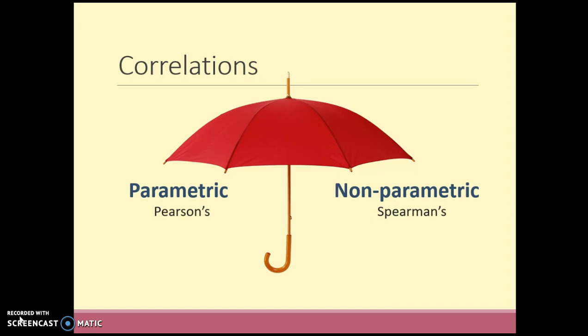One was parametric, called the Pearson's correlation, and we could use this test if we found that our data were normally distributed. The other, the non-parametric test, was called the Spearman's, and we can use this one if we found the data were not normally distributed, so if we had skew in the data.